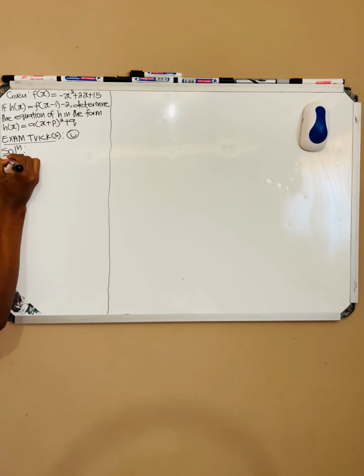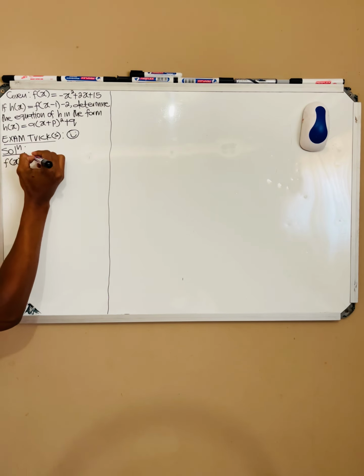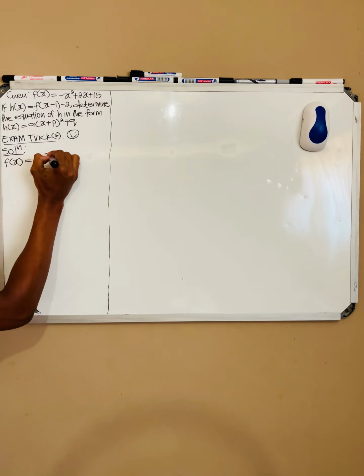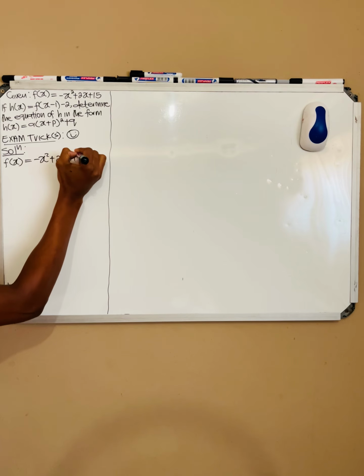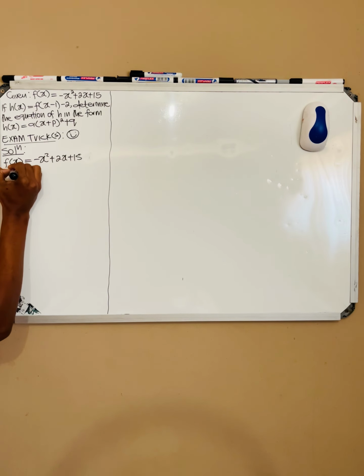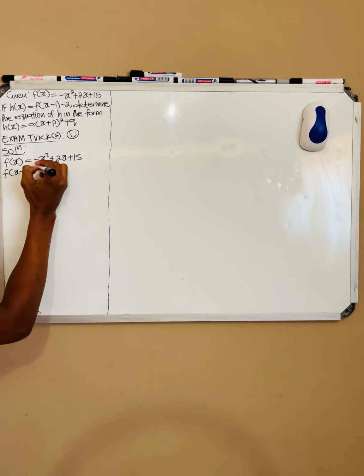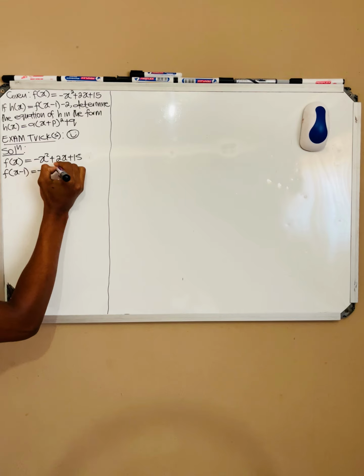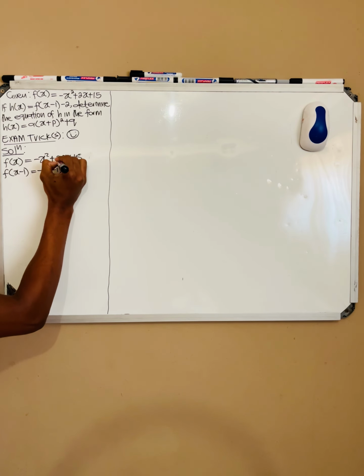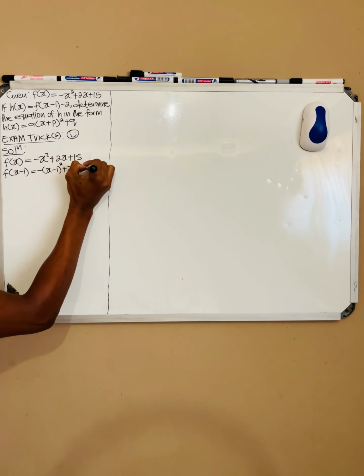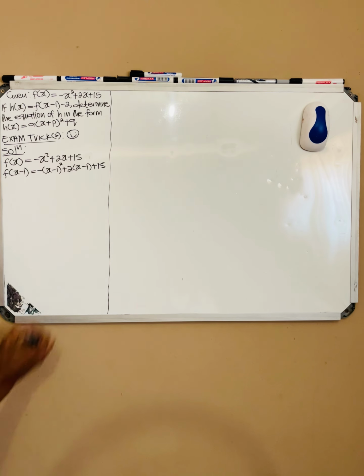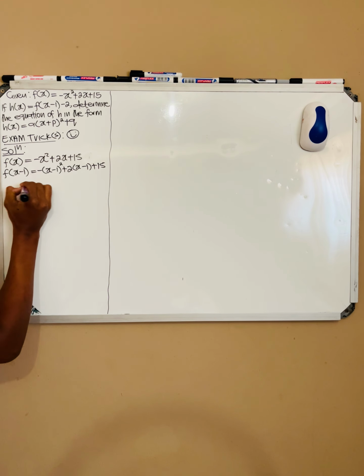We know f(x) = -x² + 2x + 15. Now let's find f(x - 1). Where we see x, we're going to substitute x - 1. So -(x - 1)² + 2(x - 1) + 15.